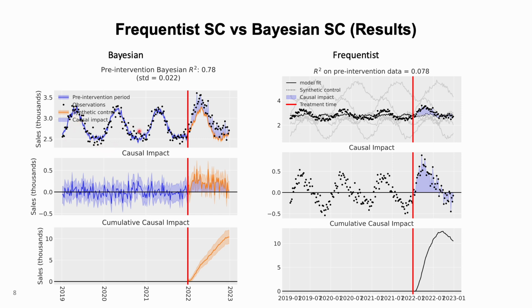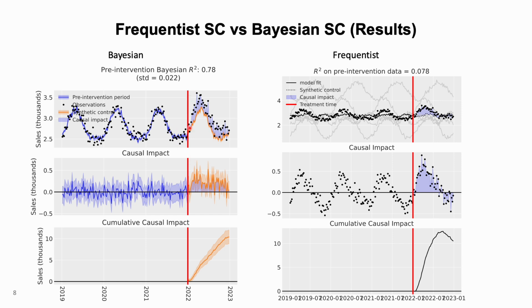We can see that pre-intervention, the model fits the observed data very well with an R-square value of 0.78. This is actually a very good result for geo-test data.